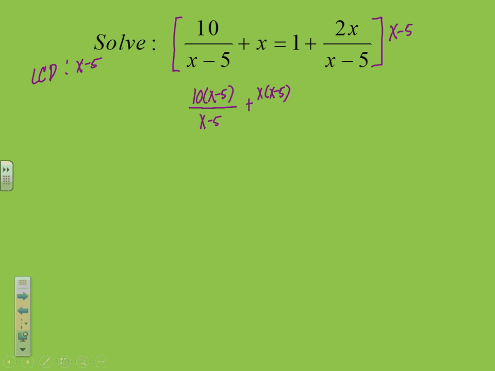And that just has a denominator of 1, so I don't need to write that. And equals 1 times x minus 5, well that's just x minus 5. And finally, the 2x times the x minus 5 will be plus 2x times x minus 5 over x minus 5.